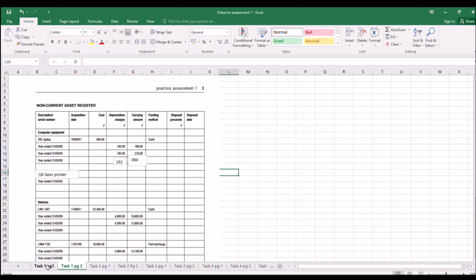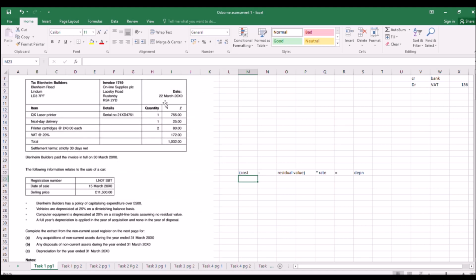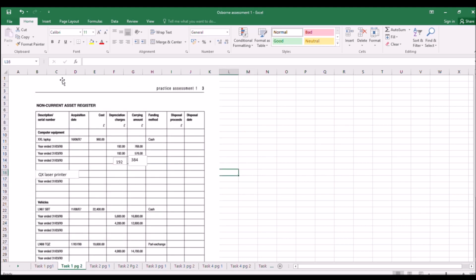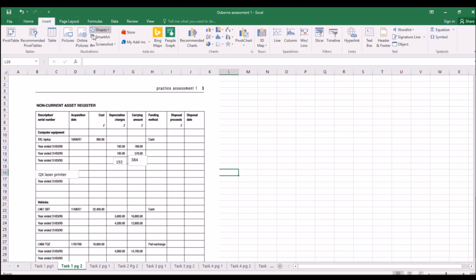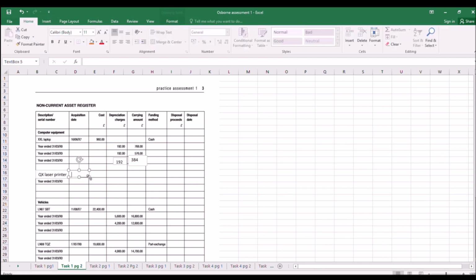But that's missing from here. Acquisition date, so we're going to put the acquisition date in, which was 22nd of March.